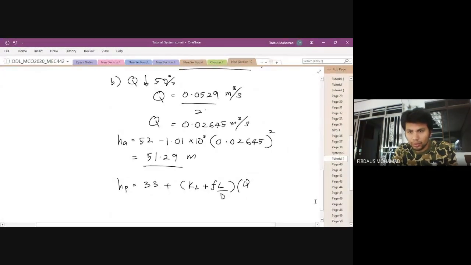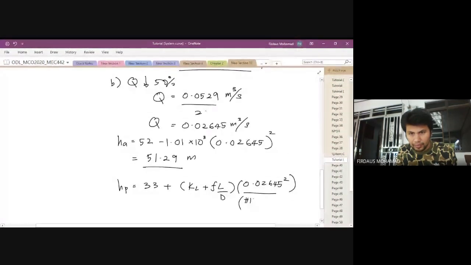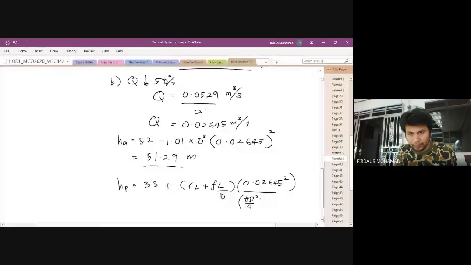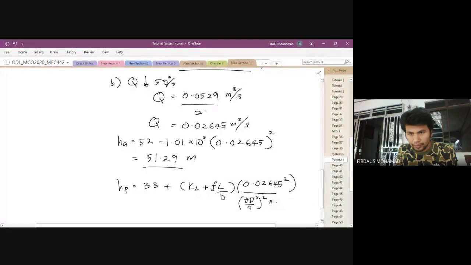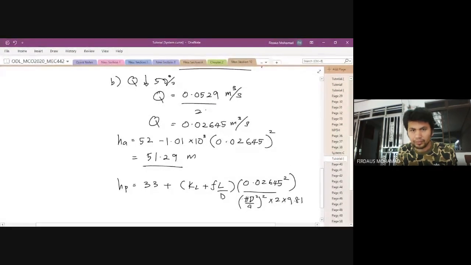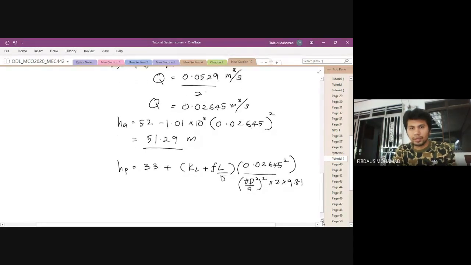Q ni Q baru, latest Q, 0.02645 square, and then area tadi kita square kan, pi d square over 4 kali dengan 2, so kita akan dapat KL, loss coefficient.